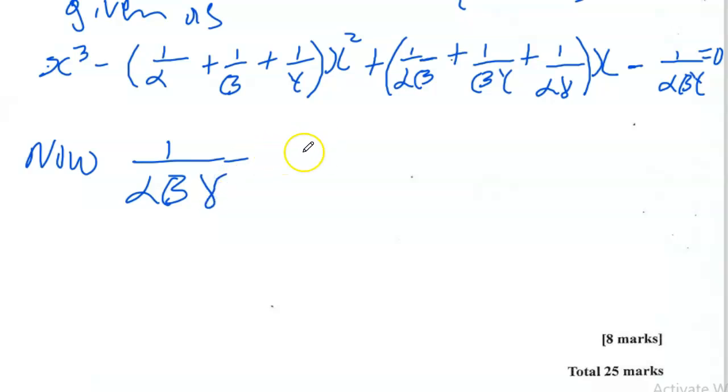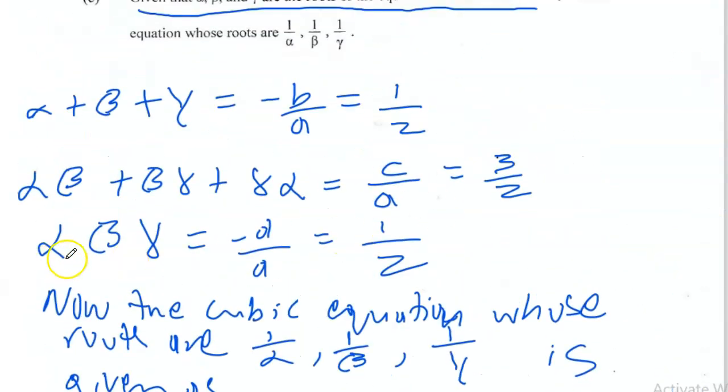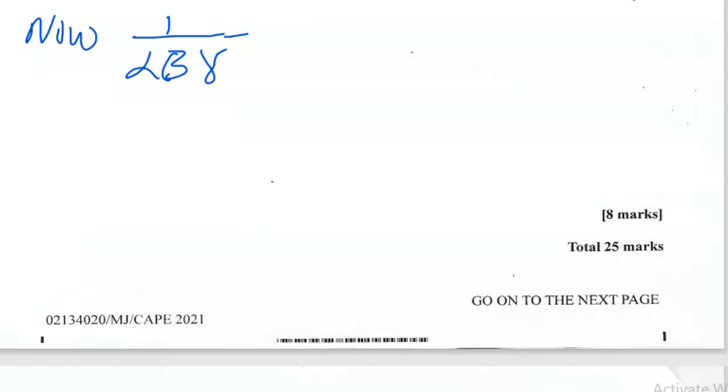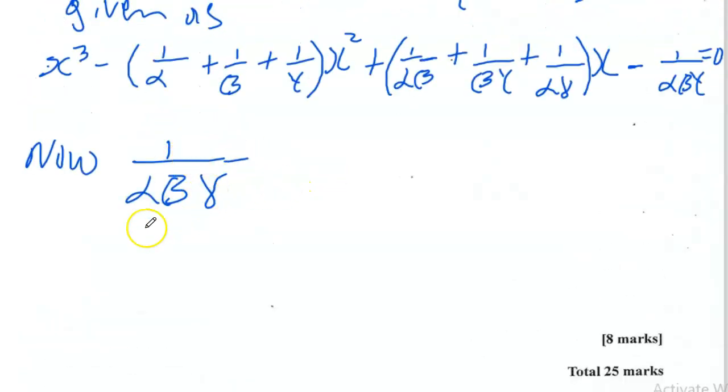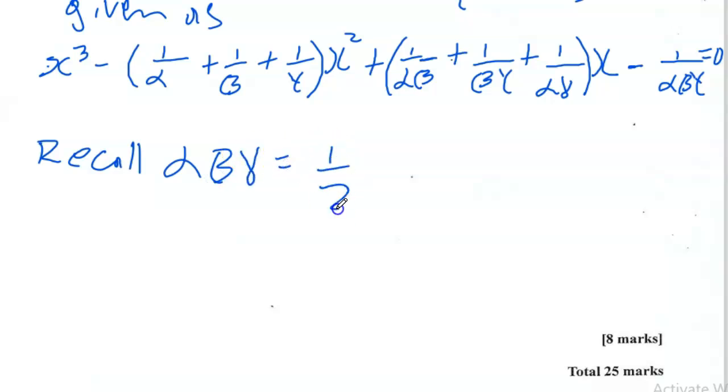Now, let me go back to the top of the question. We found earlier that the product alpha beta gamma is equal to a half.